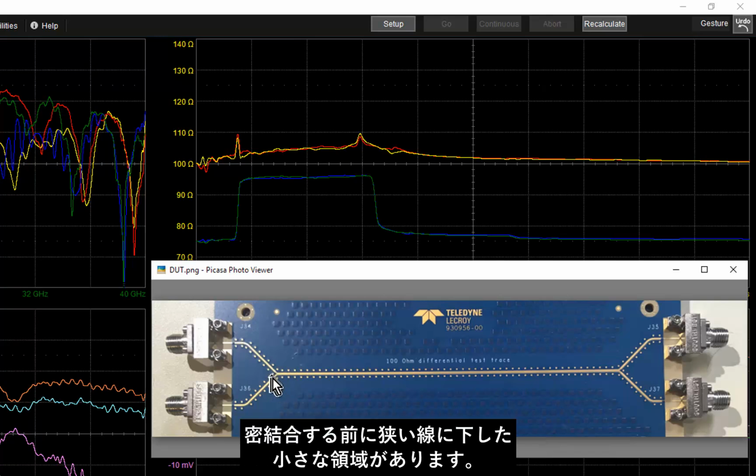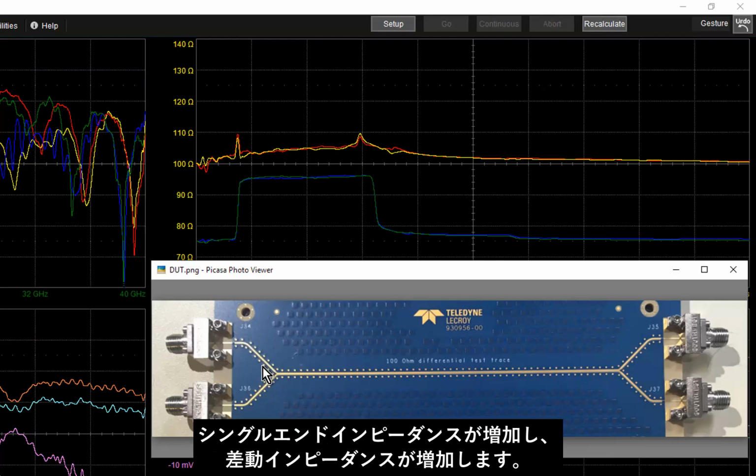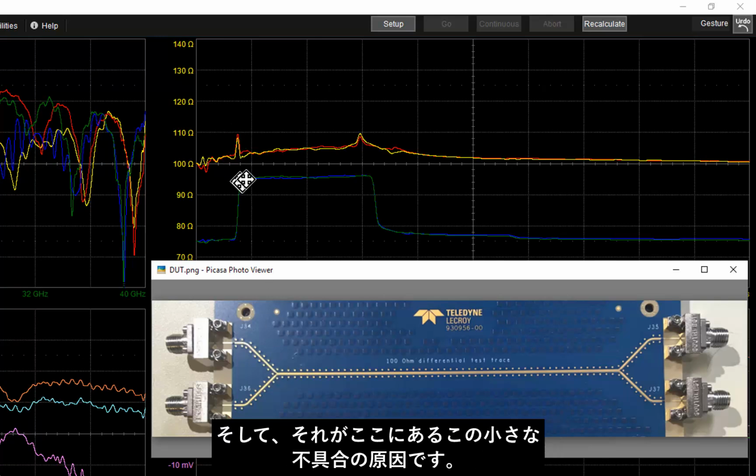There was a small region where we necked down to the narrower line before they got tightly coupled. And if we have two independent transmission lines and we make their line widths narrower, their single-ended impedance increases, the differential impedance increases, and that's what causes this little blip over here.